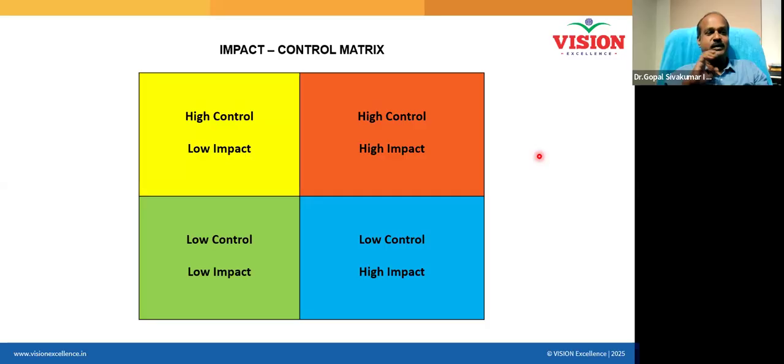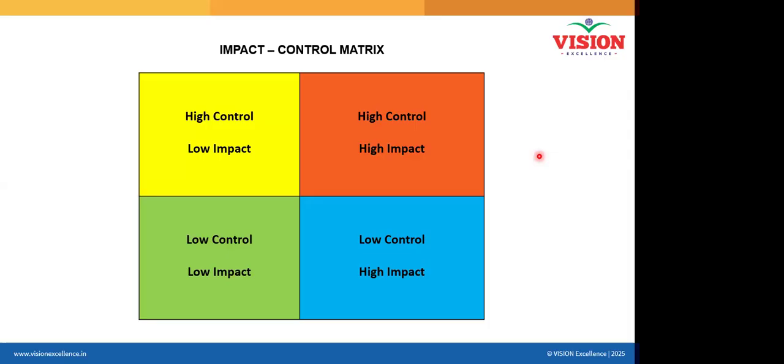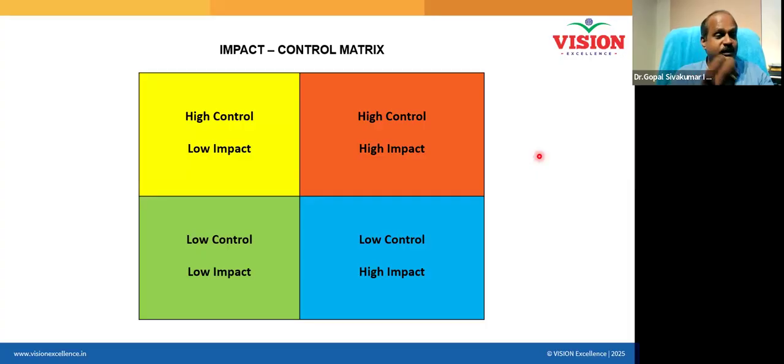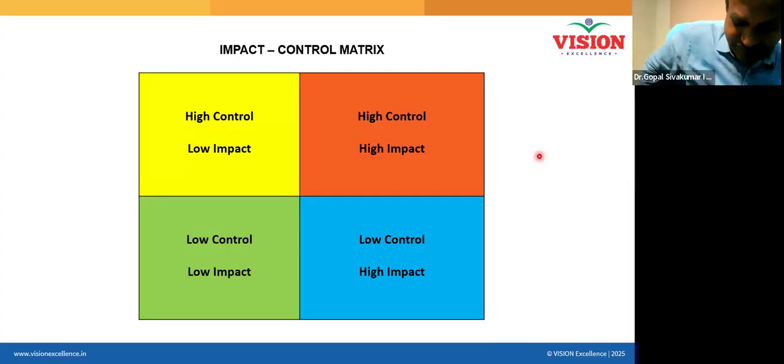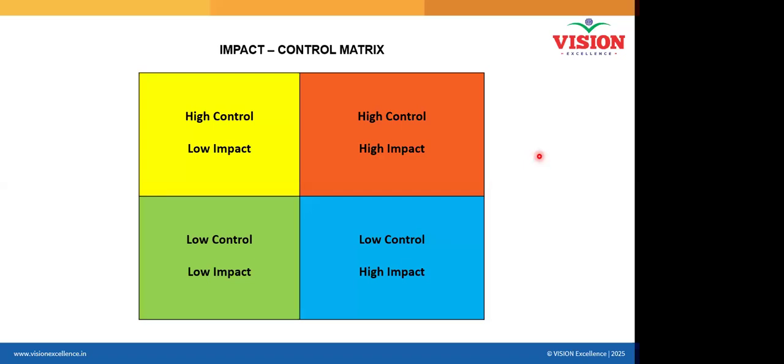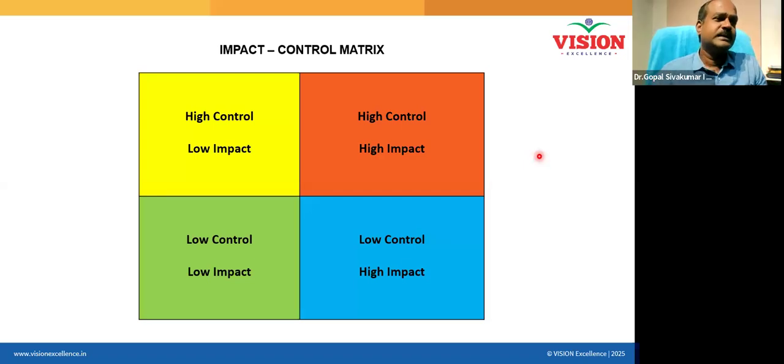If the gene itself is making you obese, you can't do anything, isn't it? Yes, sir. Definitely a high impact factor. But will you even go to the extent of controlling your genetic influence? No, sir. Not possible. Right? So for the time being, you leave it. It's uncontrollable. Low control means uncontrollable. You focus on the controllable. Then who will focus on the uncontrollable? God will focus on the uncontrollables for you.